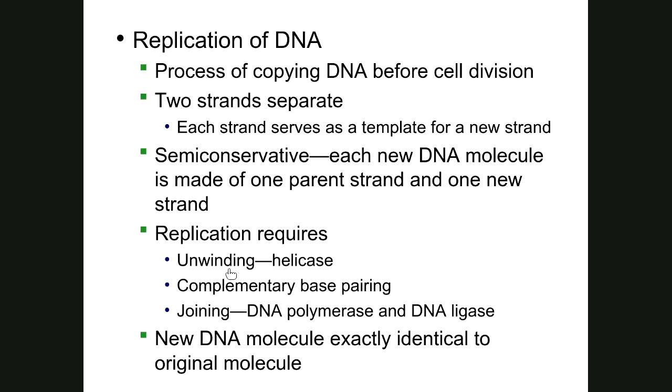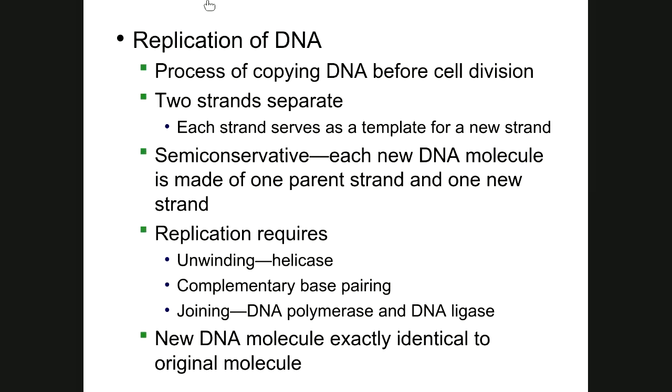This separation is not done instantly. It is done by an enzyme. You should know the name of the enzyme. This unwinding process is done by the helicase enzyme. You have to remember the name of the enzyme because a question can come: what is the name of the enzyme for unwinding? Okay, so now the two strands become separate.